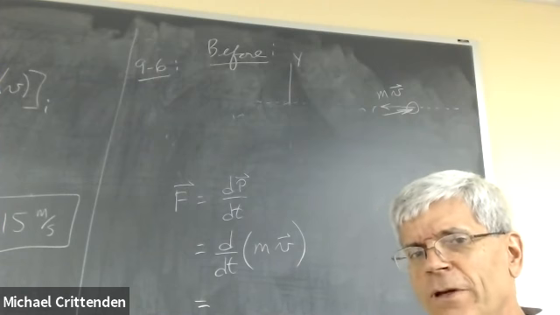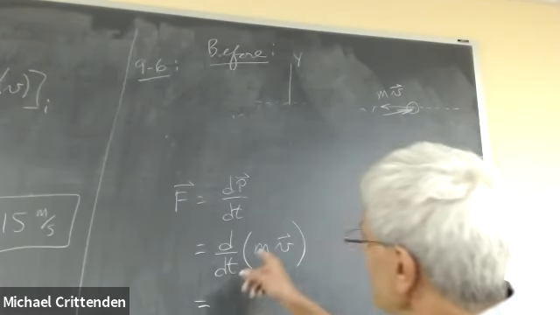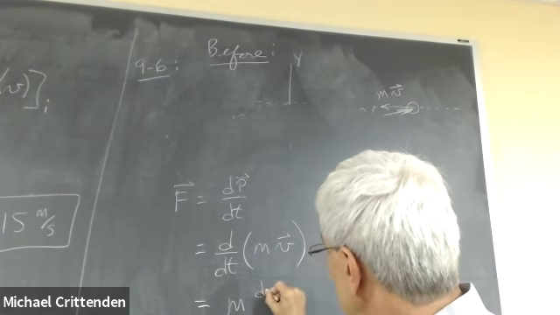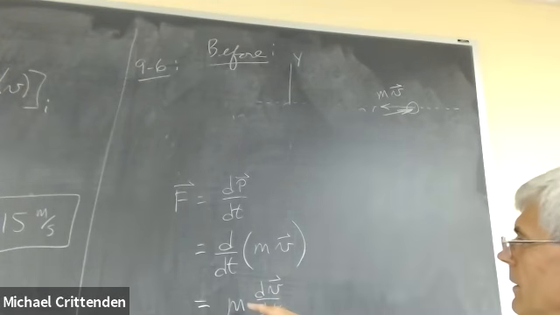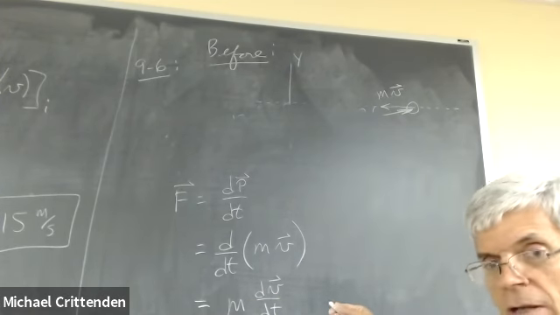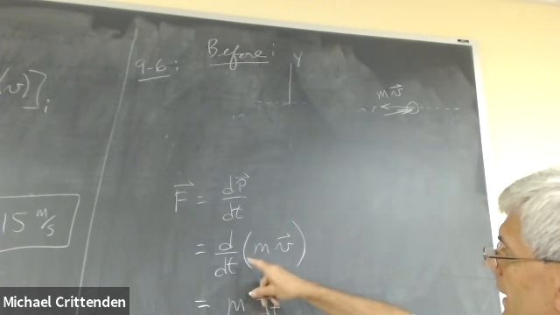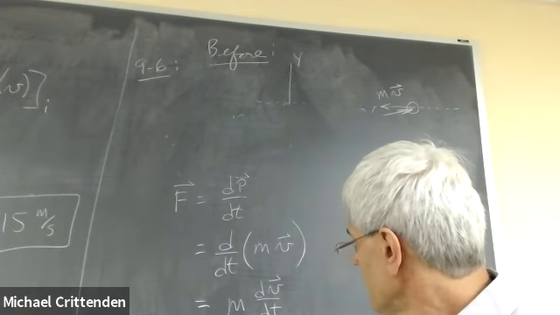This is supposed to be a freshman level course. Let's not talk about rockets, okay? So as long as the mass is a constant, when you take a derivative, constants just sit there and do nothing. So that would be the mass times the derivative of the velocity.